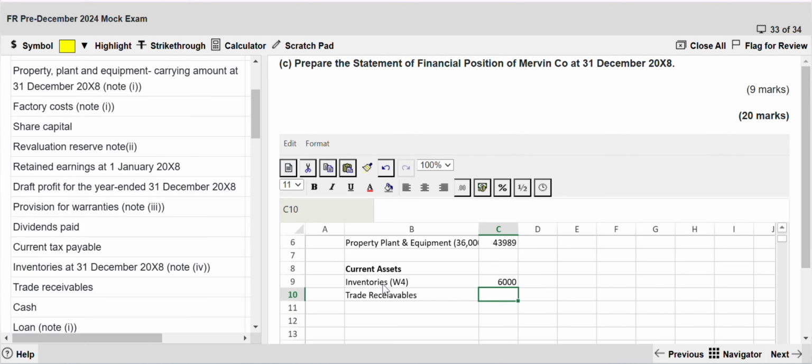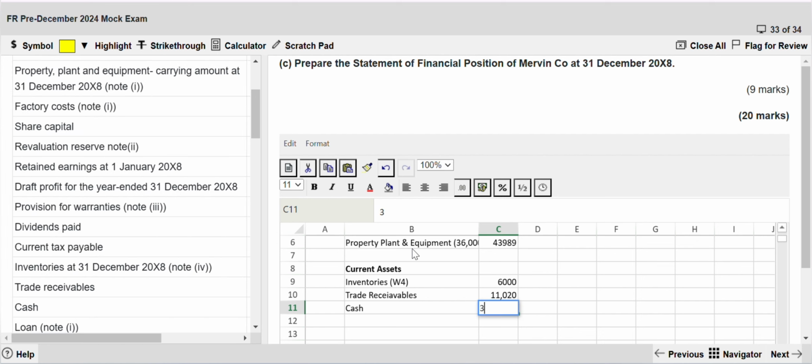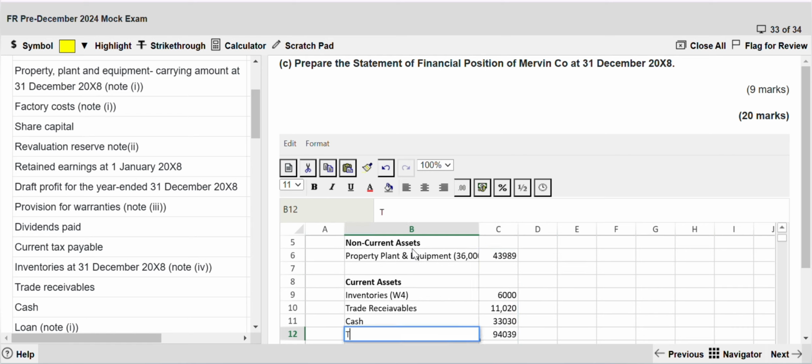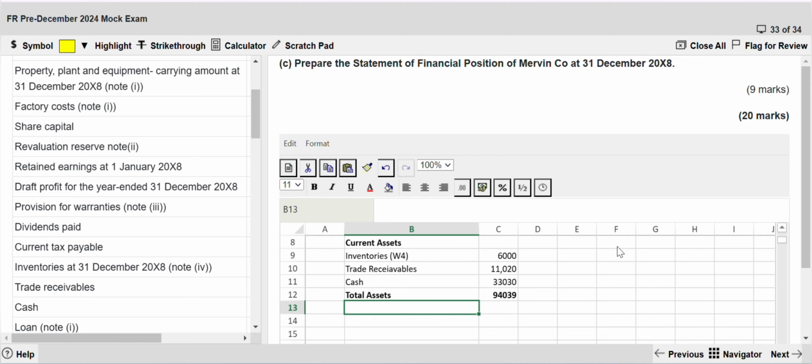Correct. How much were the trade receivables? 11,020. Then we had cash. How much was the cash? 33,030. Then the total assets. What is the total assets? Total assets is 94,039.